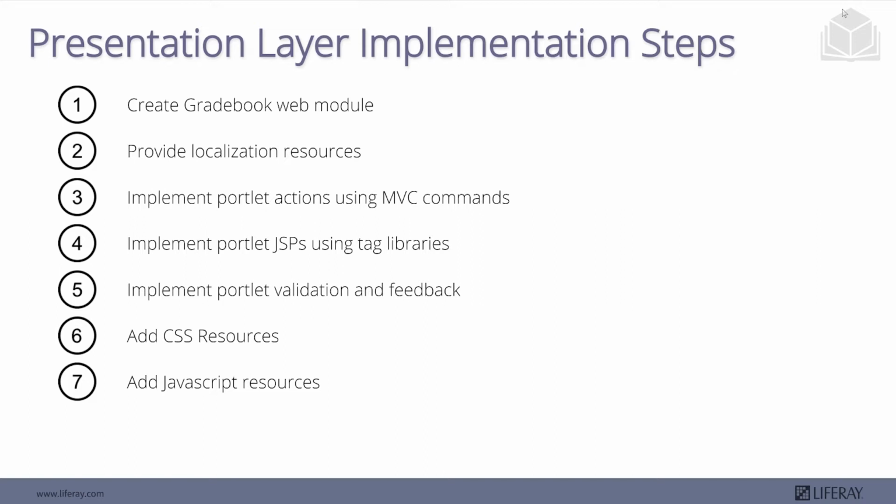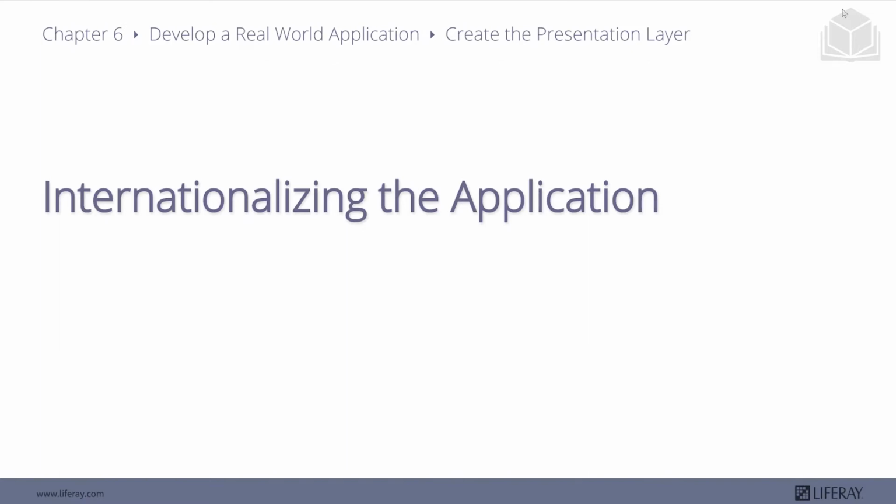We'll take a look at how we're able to implement validation and feedback. So making sure what's entered is valid, is correct, and providing a message or feedback to our end user, either success or unsuccessful. We'll go ahead and add some CSS after that and throw in some JavaScript to make things a little bit more fun.